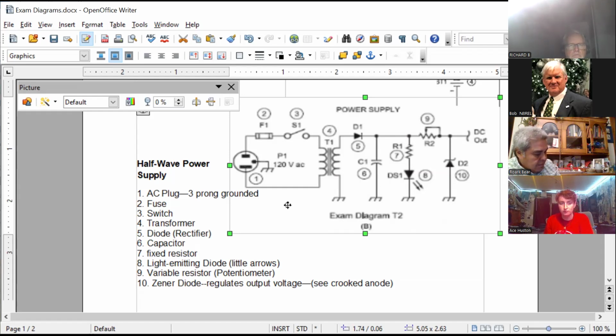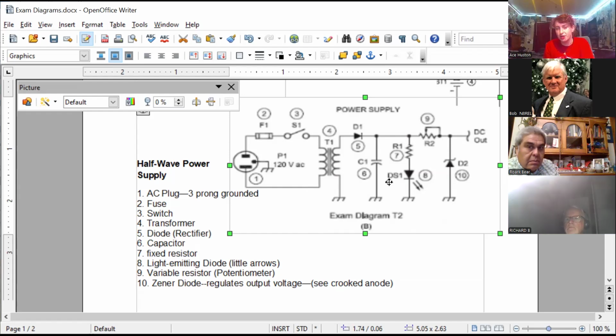Okay. While we're at it, is that switch pretty common in power supplies like this? Which? The number 3, the switch. Oh yeah, it's universal. Correct. Switches are everywhere.